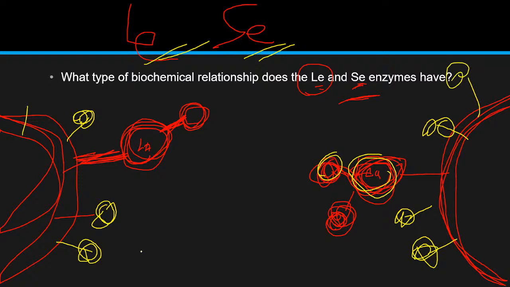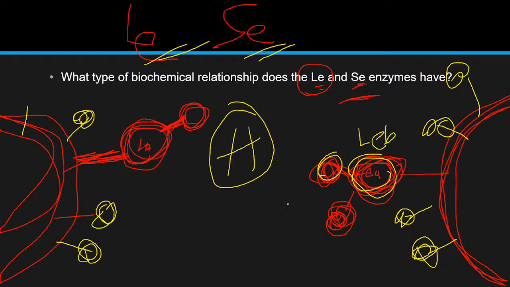Okay, you're clear with that one, right? You need to have the base molecule H in order for you to attach the Le substance to form the LEB antigen. Okay? So even though you have LEA, because you have SE antigen, it will promote the production of the H antigen.